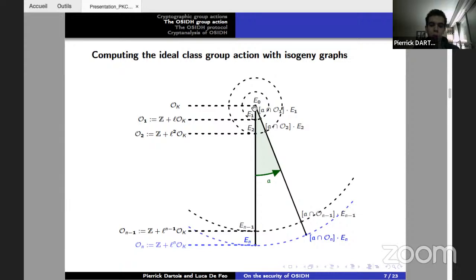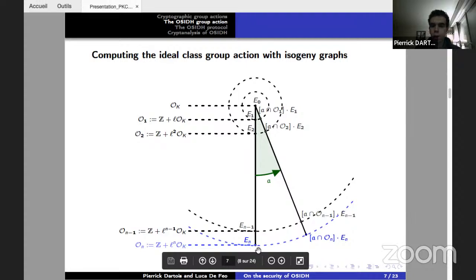The crater, for instance, is oriented by the maximal order, and at level n, we are oriented by the order of conductor L to the n. And as we go deeper in the graph, the level size grows exponentially. So we need to just go deep enough to ensure security of the protocol.